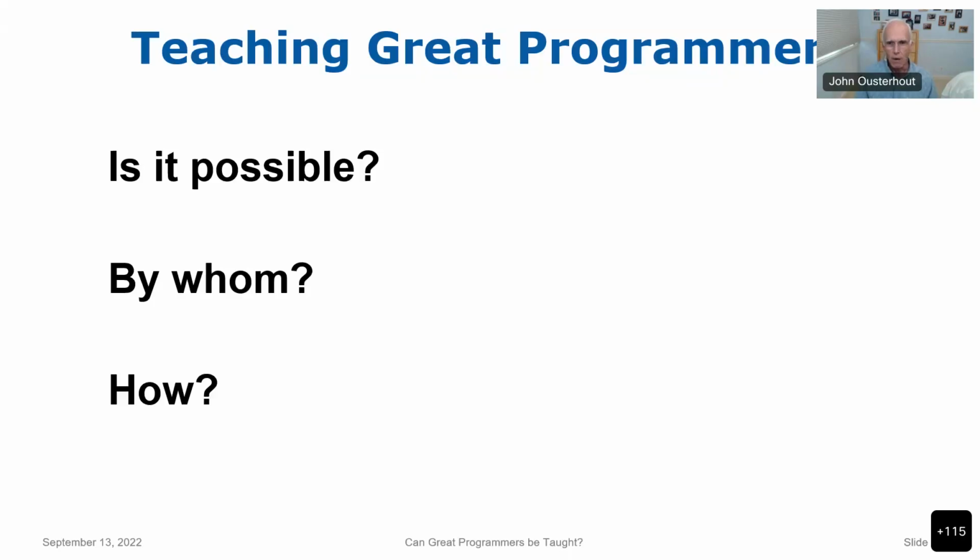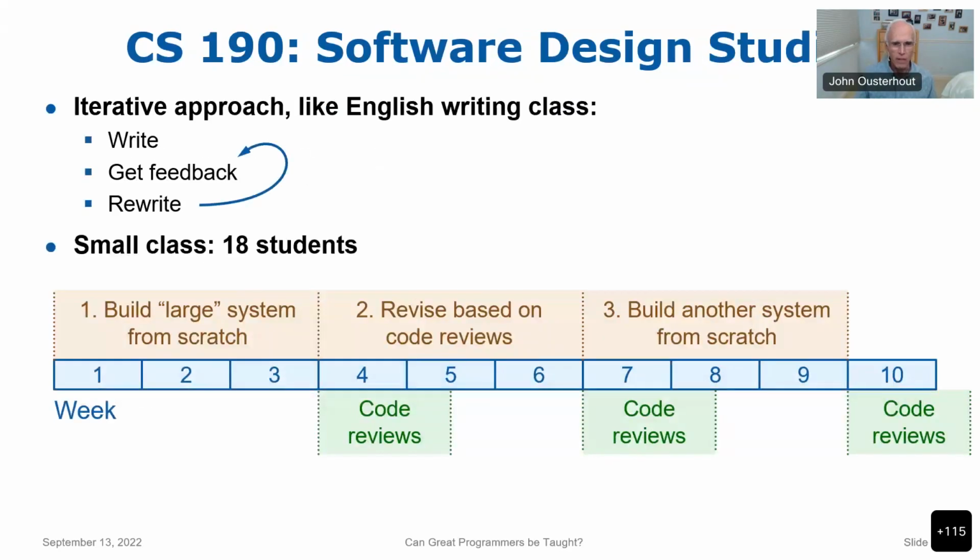So finally, I decided, okay, I'm just going to go for it, give this a try, and let's see what happens. Then the next question is, how do you teach this kind of stuff? The formula I settled on is one that's become a new Stanford course, CS 190, Software Design Studio. The basic idea is to teach programming kind of the way I learned English writing in high school. I assume this is still done today, which is an iterative approach.